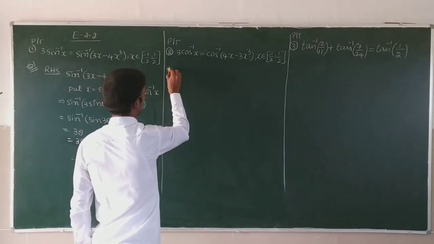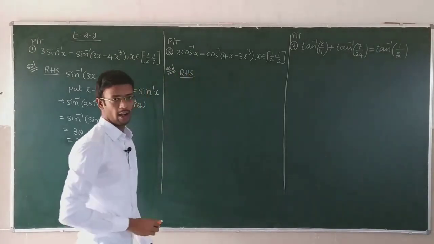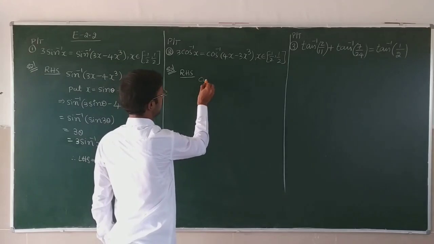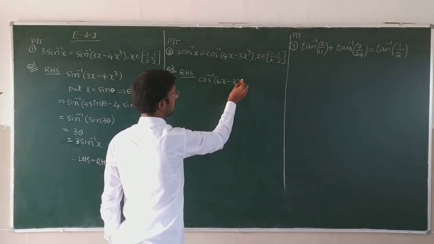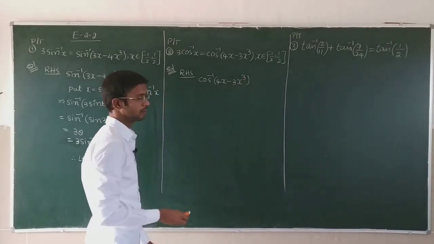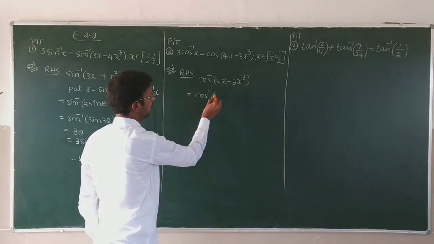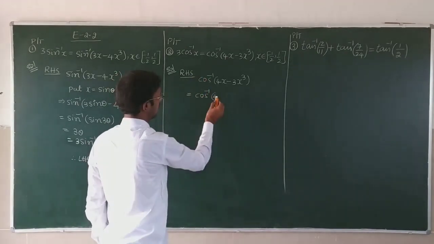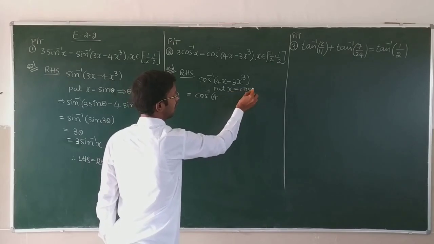Solution: take the same RHS part. Cos inverse of 4x minus 3x cube. What should we put? Put x is equal to cos theta.